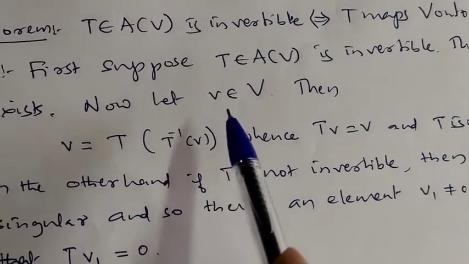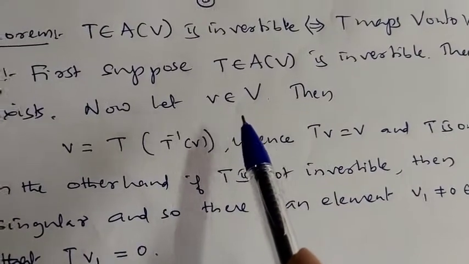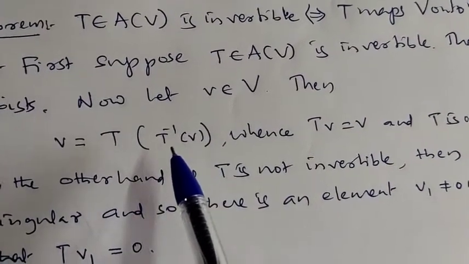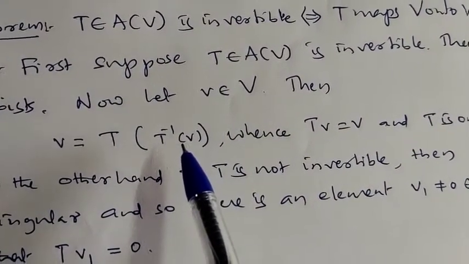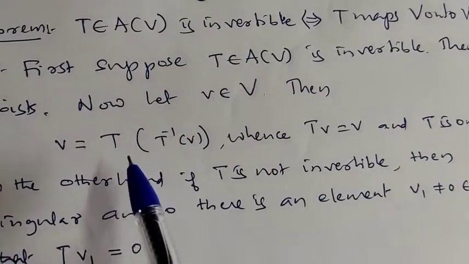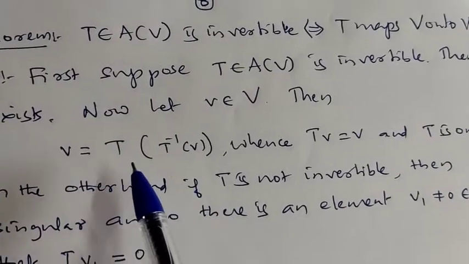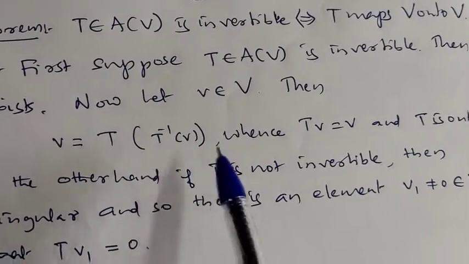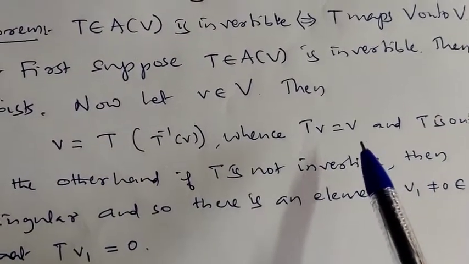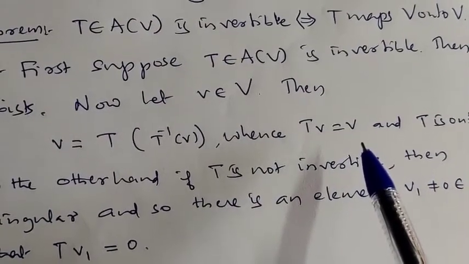Now v belongs to the image space V, then T inverse of v belongs to the domain space V. So T is a mapping on the domain space V. Therefore, v can be written as T of T inverse of v. Whence T of T inverse v is equal to v.